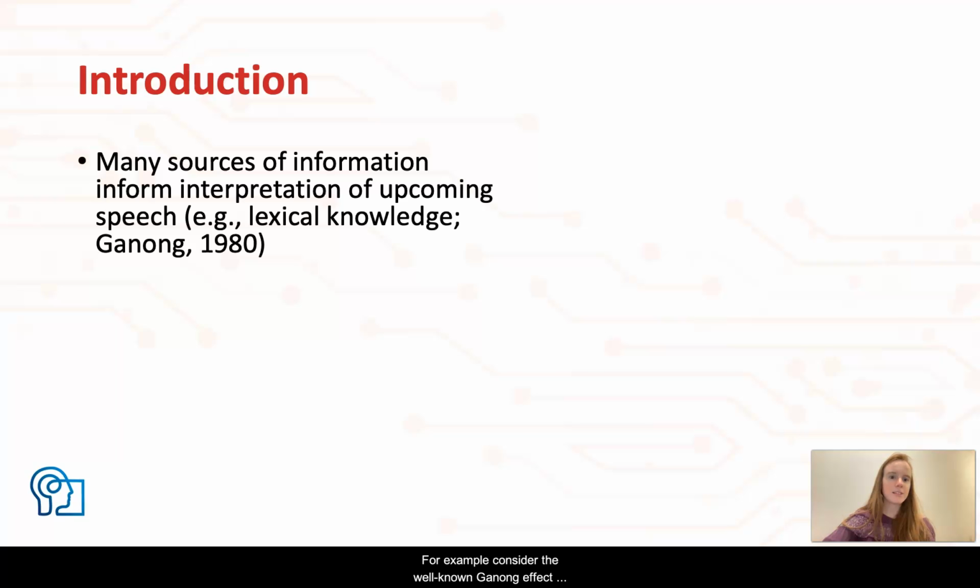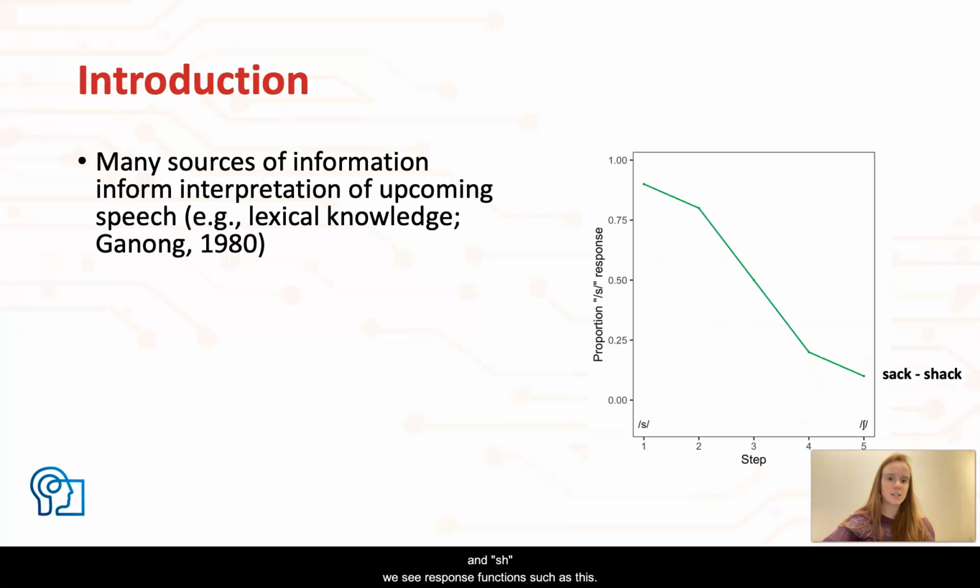For example, consider the well-known Ganong effect, which demonstrates that phoneme responses and arguably perception is influenced by word knowledge. When listeners hear sounds that are ambiguous between a pair of contrasting phonemes, say "s" and "sh," we see response functions such as this.